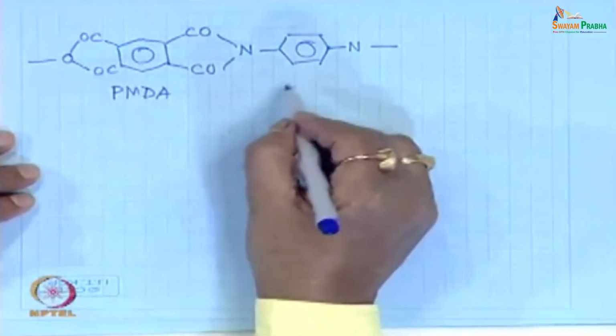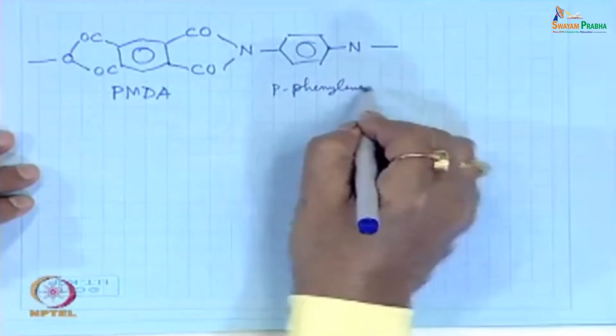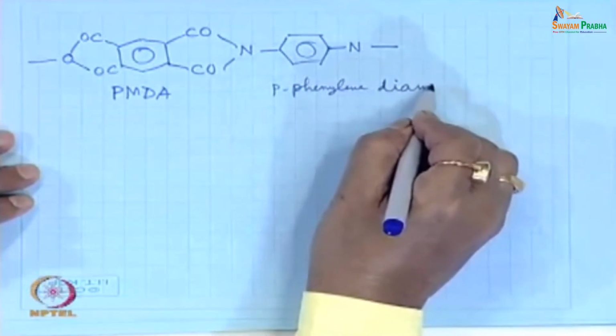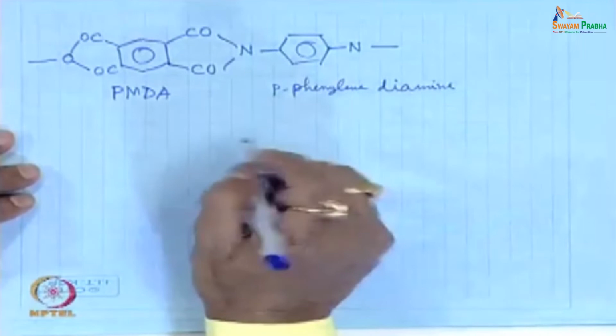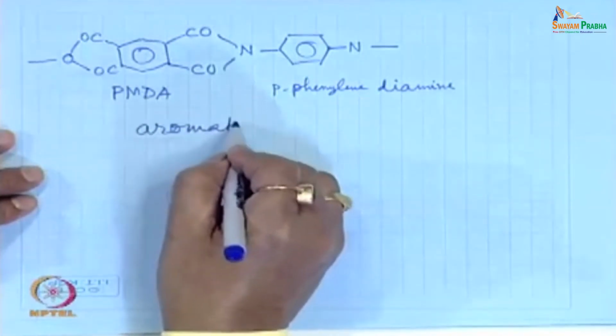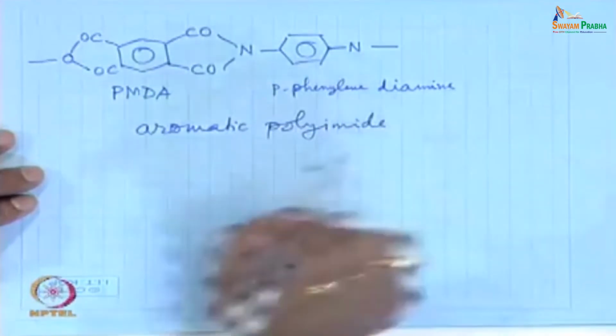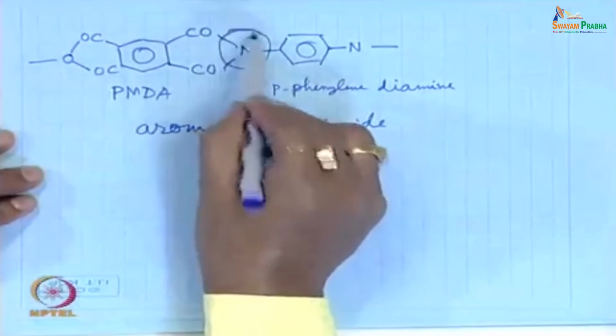When reacted with paraphenylene diamine, we get an aromatic polyimide. This is the imide functional group.